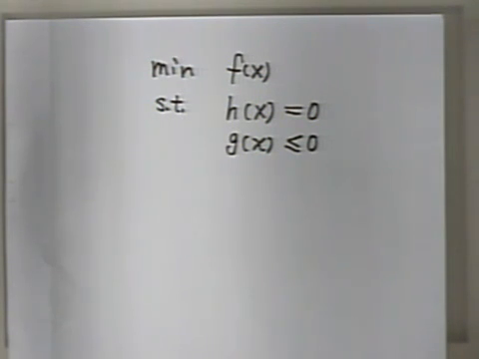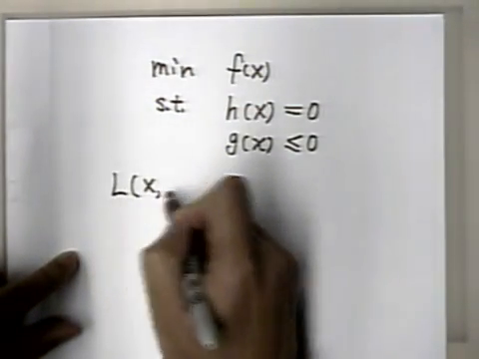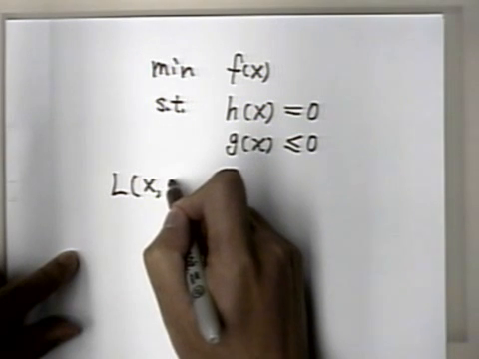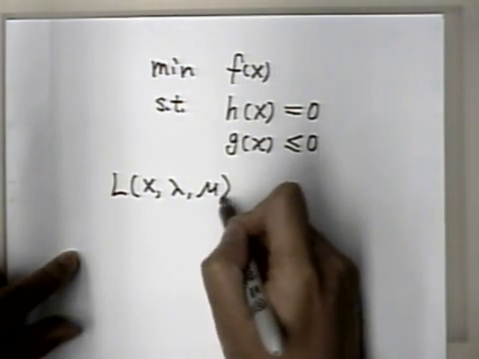And to summarize, the necessary condition tells us what? If we construct a Lagrangian function, which I call L of x, and let me use lambda, and then maybe another multiplier I call mu.